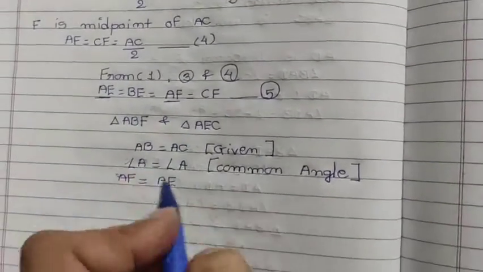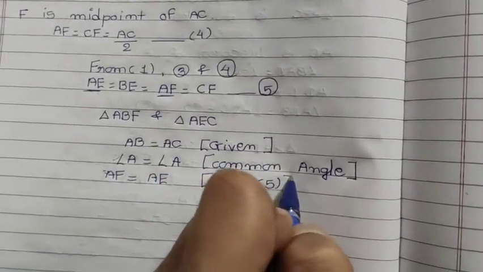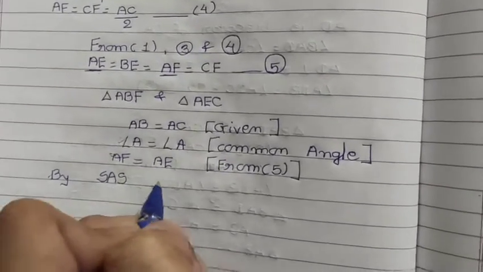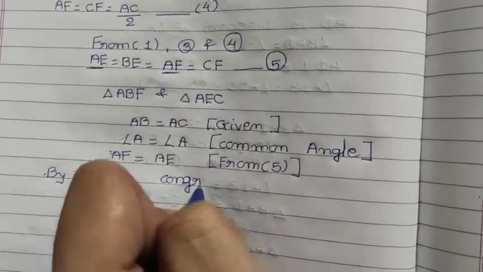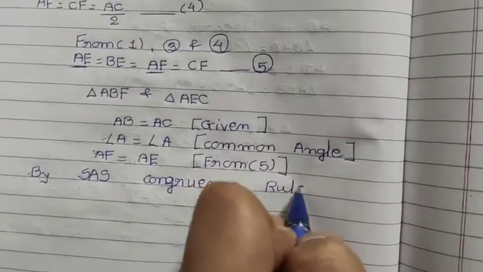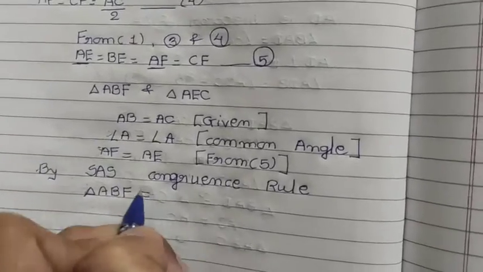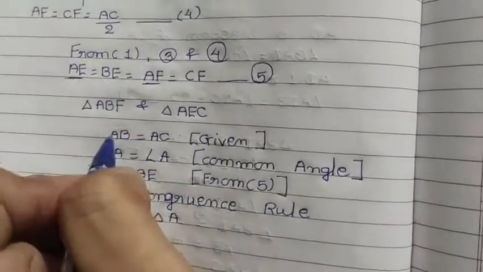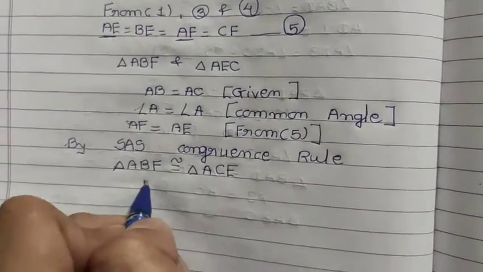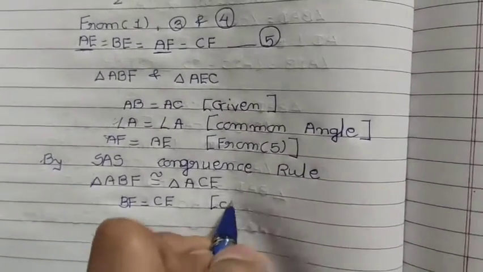These two are equal, and that is from result number 5. So we can definitely write by SAS congruence rule triangle ABF is congruent to triangle ACE. A is A, B is C, and F is E, so BF is equal to CE by CPCT.